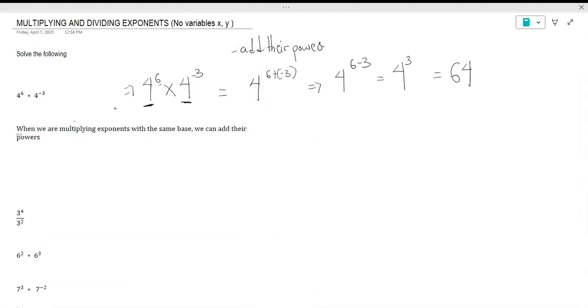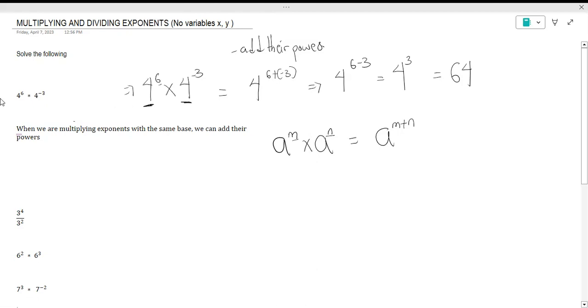It will look something like this: if you have a raised to the power m times a raised to the power n, this is equal to a raised to the power m plus n. So you just simply add the powers.